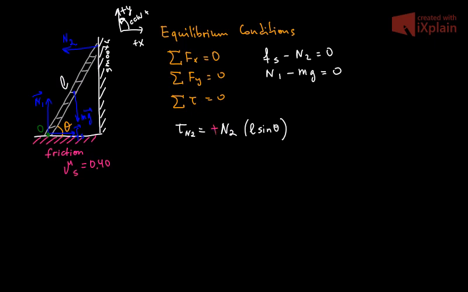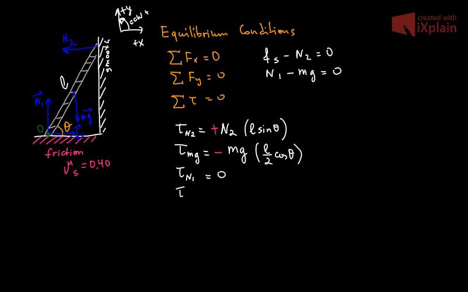Now the torque by mg. Mg will rotate the ladder counterclockwise, therefore the torque is negative, so I'm going to put a negative sign in here. That would be mg times the lever arm, L over 2 cosine theta. The torque done by the normal force N1 equals 0 because the lever arm is 0.